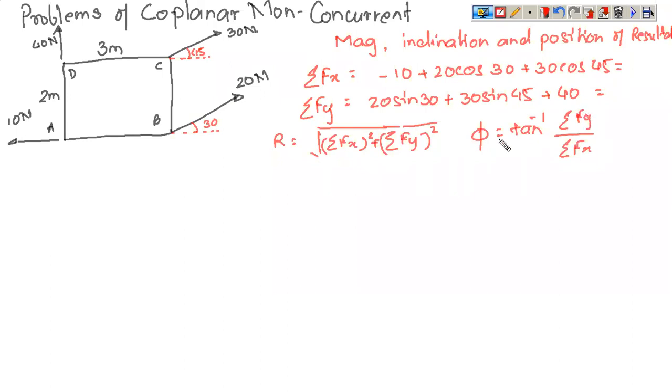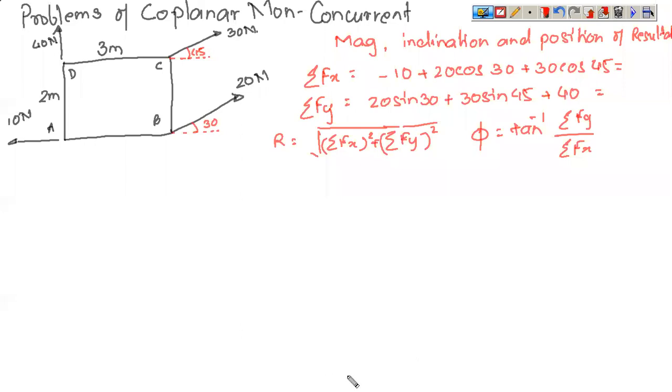So you will find out the magnitude of phi. And the second important thing is, depending upon the signs of fy and fx, you can decide in which quadrant this phi will lie. So you have solved two of the required equations of static equilibrium.